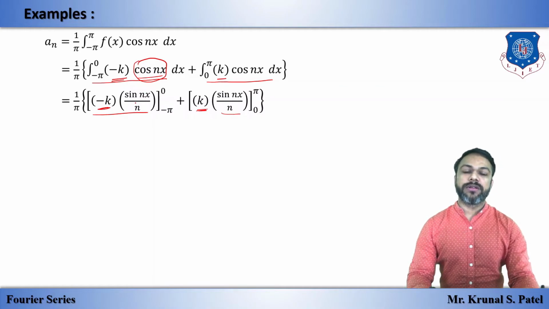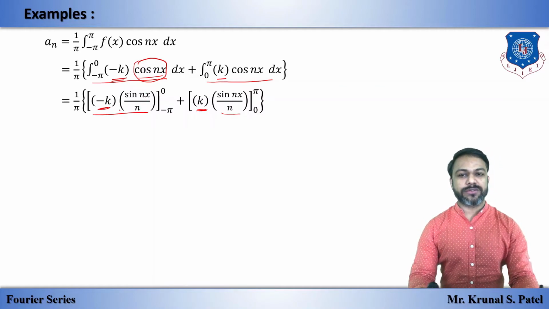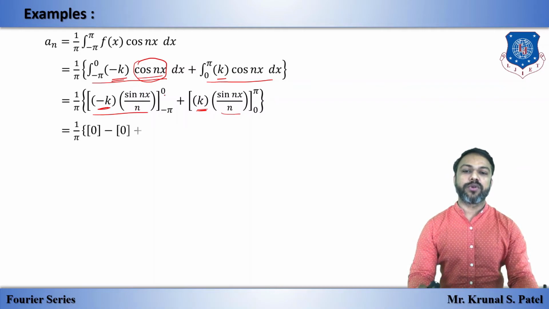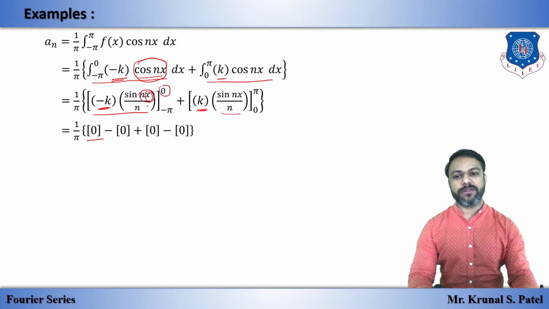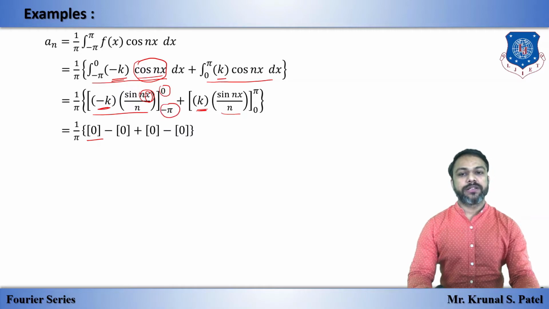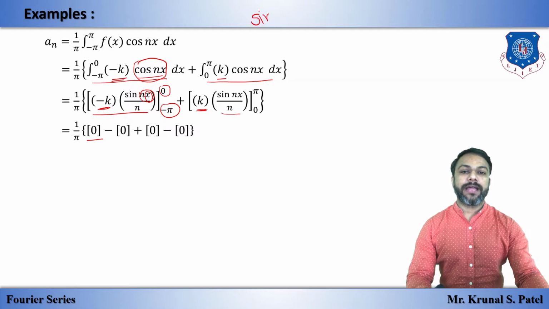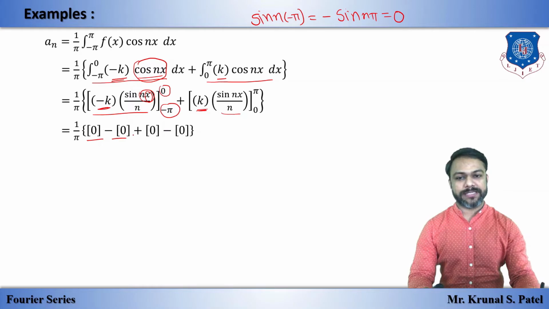Now as I told, we always take minus outside, but here there are no more terms and there is no minus, so directly we put upper limit minus lower limit. If we put 0 in the place of x, this angle becomes 0, and sin 0 is 0. The entire term is 0. Now if we put minus pi, as we have discussed, sin n minus pi gives minus sin n pi, and sin n pi is 0, so again the lower limit is 0.